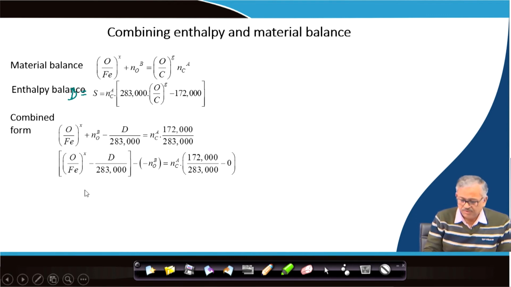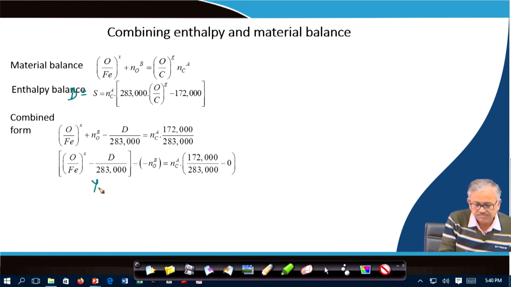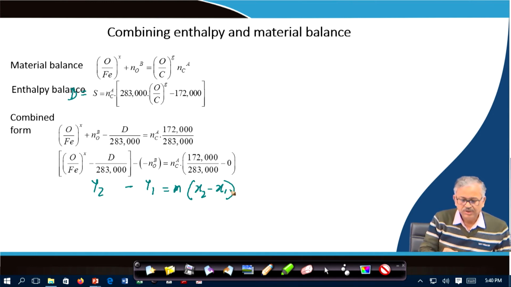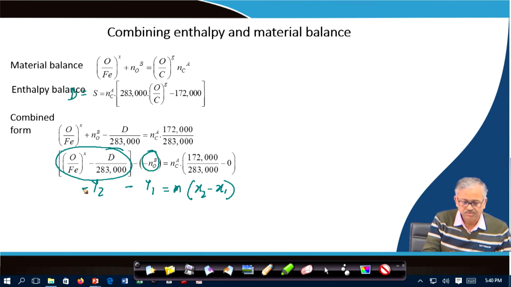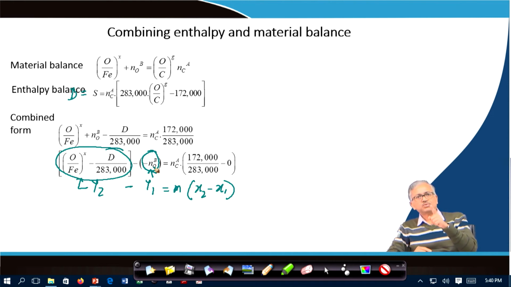And if you rearrange this with some algebraic manipulation, it gives you this form. You can write it simply as y2 minus y1 is equal to m times x2 minus x1, where y2 is this whole term, and this minus NOV is basically y1. So y2 minus y1 is equal to m into x2 minus x1.